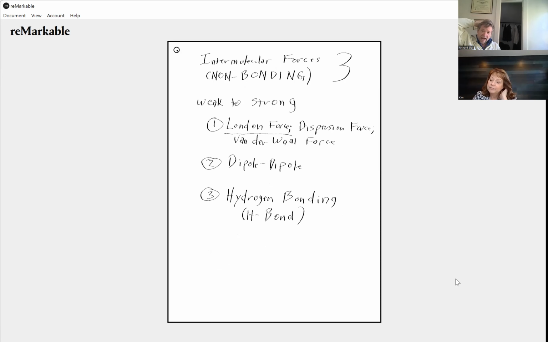Okay. Hydrogen bonding also has dipole-dipole, but like London force, and by the way, hydrogen bonding also has London forces. But again, hydrogen bonding is so much stronger than dipole-dipole that if it has hydrogen bonding, you just don't worry about the dipole-dipole.